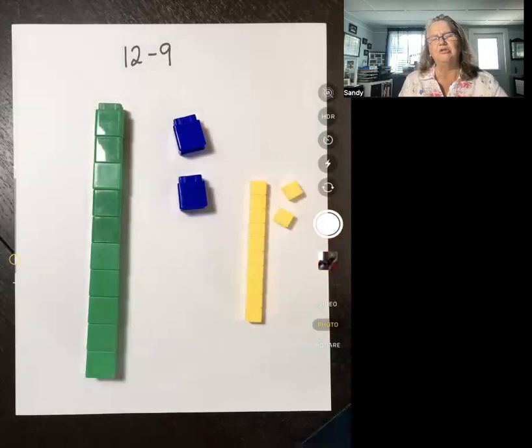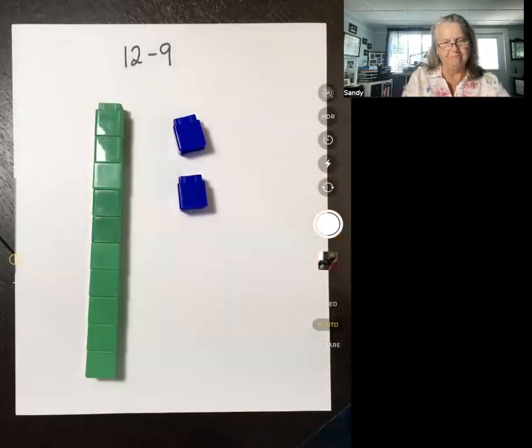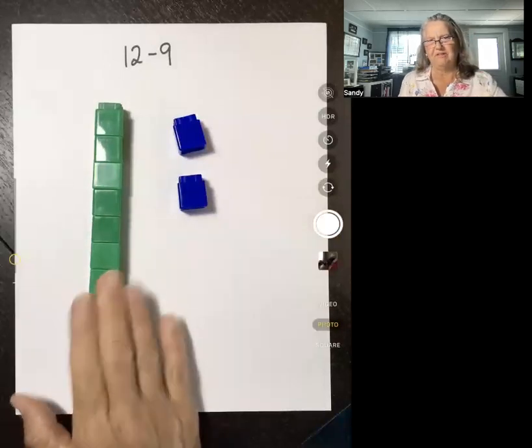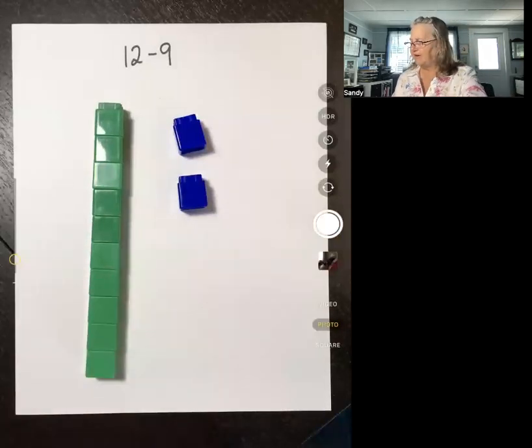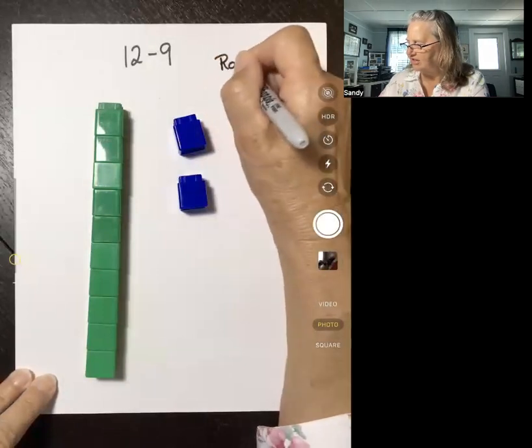And I hope you see as you watch these videos that we're purposely selecting certain materials to help your child understand and make connections for them. So this one, because this one won't break apart, we'll choose to use this one, okay? Now, think about that first strategy was round and adjust.